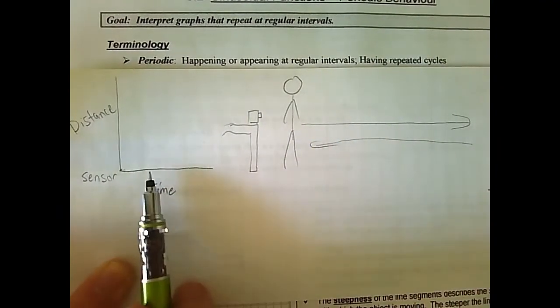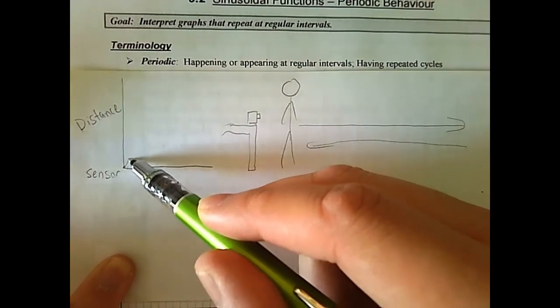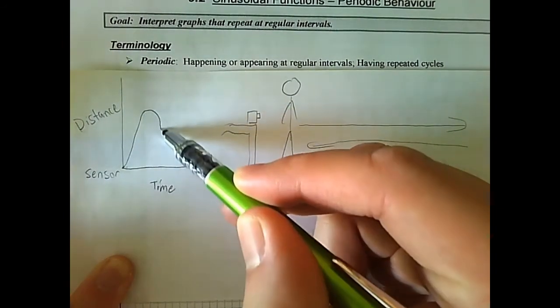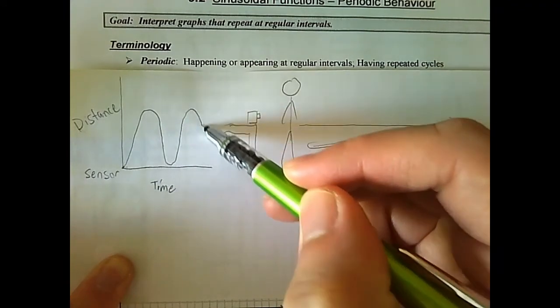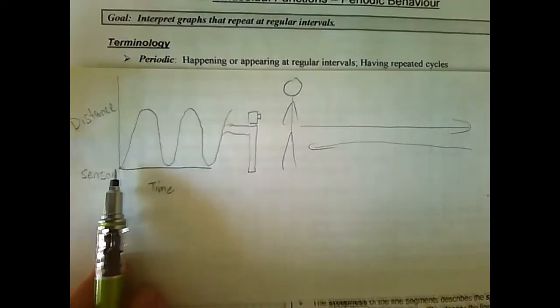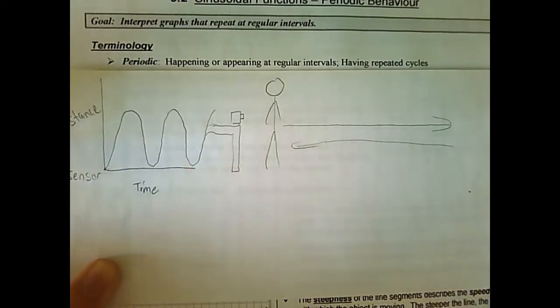So if they started at the sensor, as time went on their distance would increase from the sensor, and then eventually they would come back towards the sensor. If they kept going back and forth like this, you could see this cycle occurring, and we could assume what's going to happen as time went on. They would just keep going back and forth, and this pattern would be repeated.